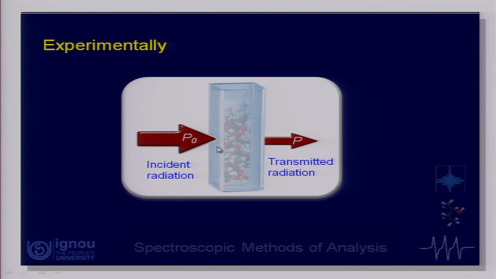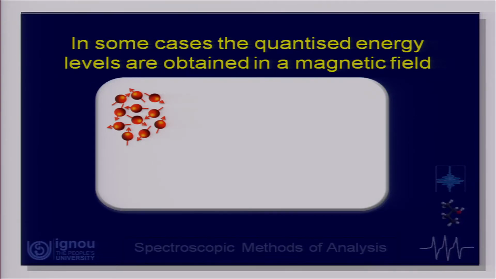Let us move further. We mentioned that the energies are quantized, but in certain cases this quantization does not happen on its own. Some kind of medium is required, typically a magnetic field. This could be electron spins or nuclear spins of certain kinds.